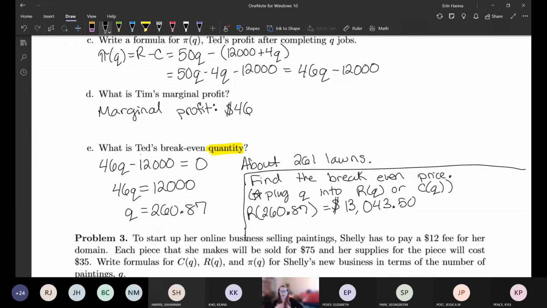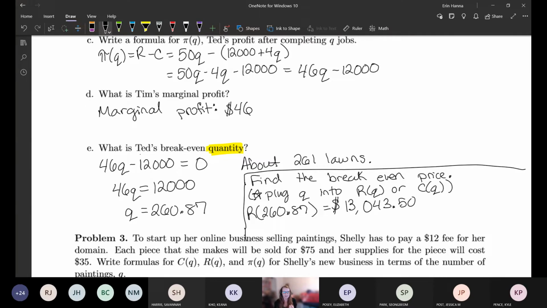So essentially, he has to make just over $13,000 in revenue, and it's going to cost him just over $13,000 before he'll actually start making actual profit. Actually, I should clarify, that's exactly what this is saying. The break-even quantity is how many things you have to sell, in this case, how many jobs he has to do before he starts making actual profit.